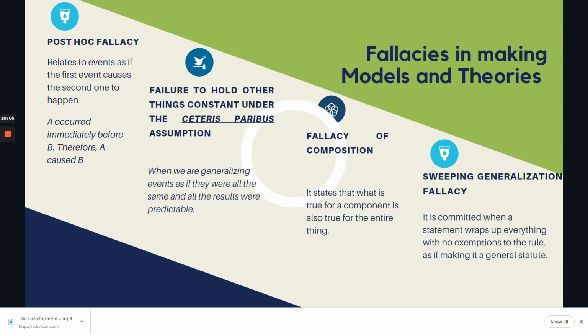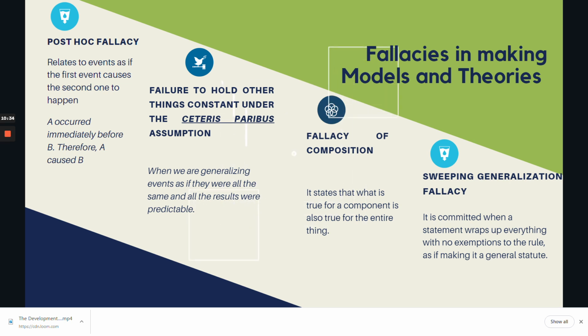So we cannot say that everyone will buy Coke or that the sales of Coke will increase. No, because there's a new player. There's a new soda in the market that is competitive. So it's possible some will buy that instead. So we cannot say that the other things are constant. So that's the failure to hold other things constant under the ceteris paribus assumption.